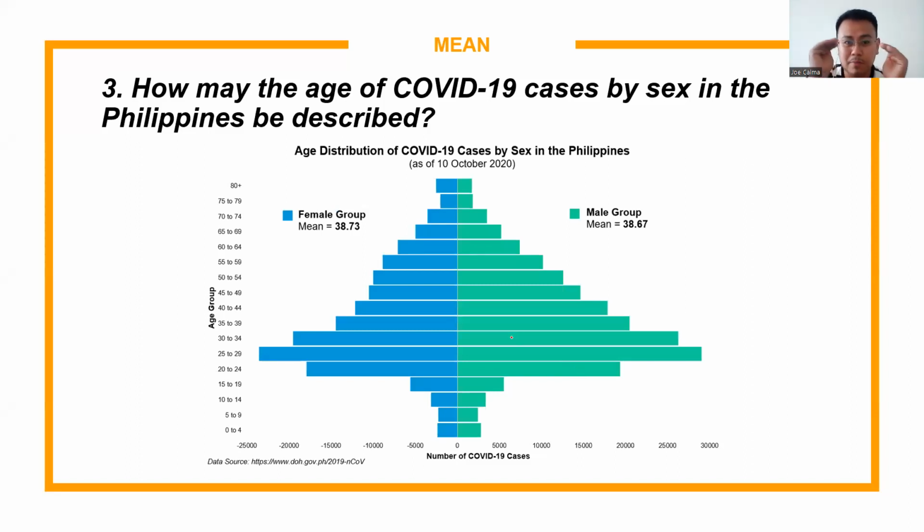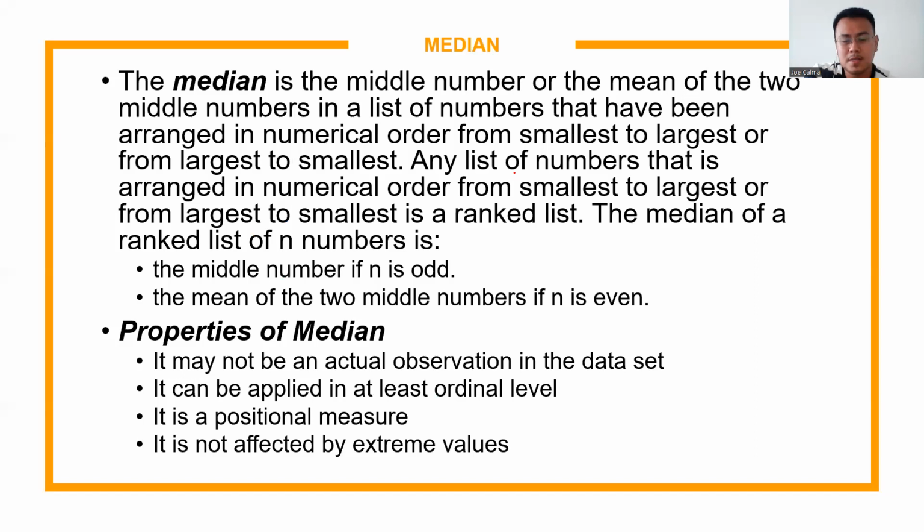Nagko-compare tayo ng shape ng distribution ng dalawang grupo. So we will use again the mean because our variable is age and age is a continuous variable. Sino ang may tanong? Okay, moving on.